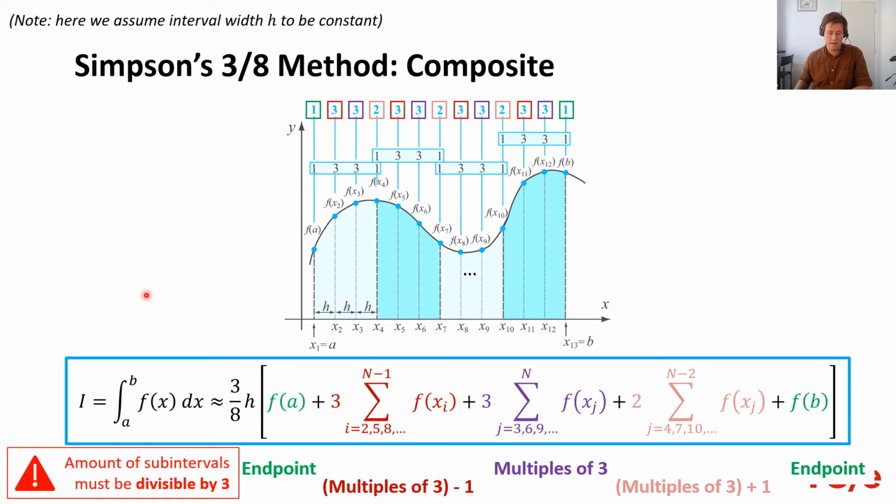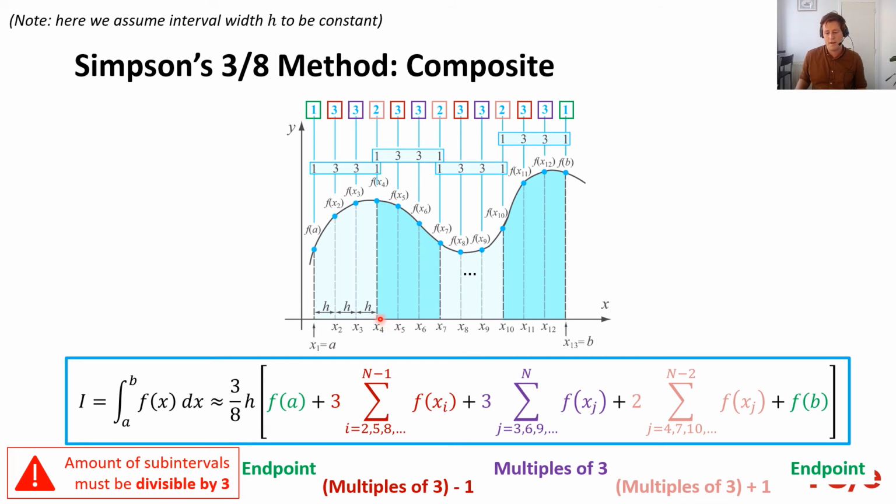Because if it's not divisible by 3, you can never come up with a nice fitting stencil in order to accommodate all points by simply using the Simpson's 3/8 rule, because in every step it will add 3 points to the total sum. And if this amount of subintervals is not divisible by 3, then this will not be possible.